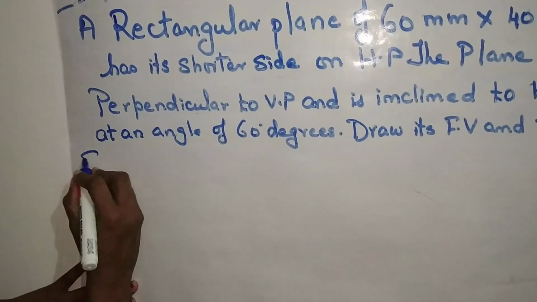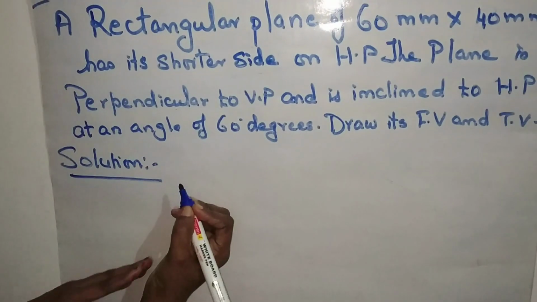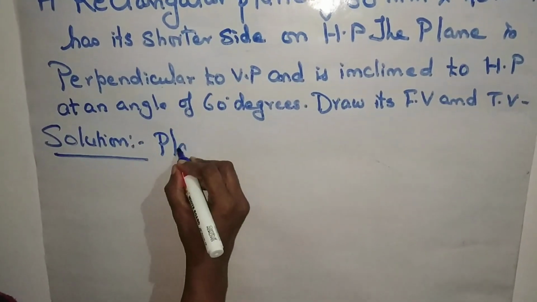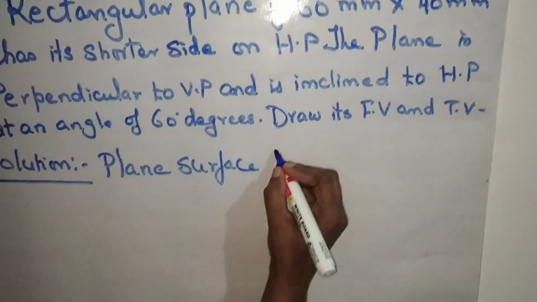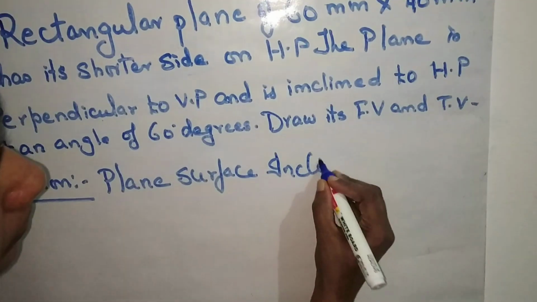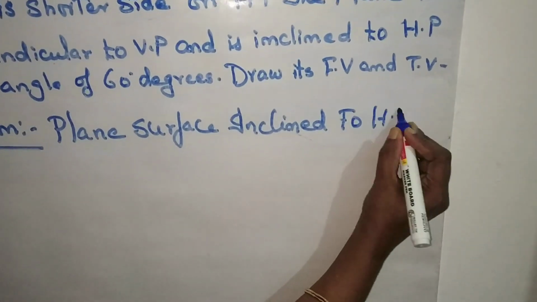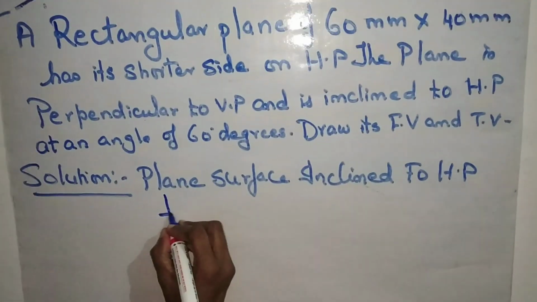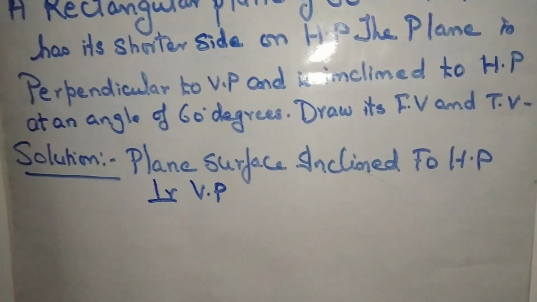So the solution for the given question is: the plane surface is inclined to HP and perpendicular to VP. Here I'll just give a rough sketch.